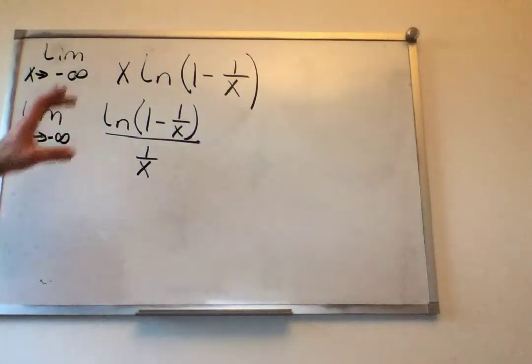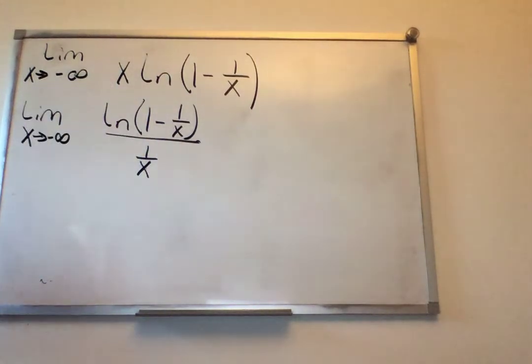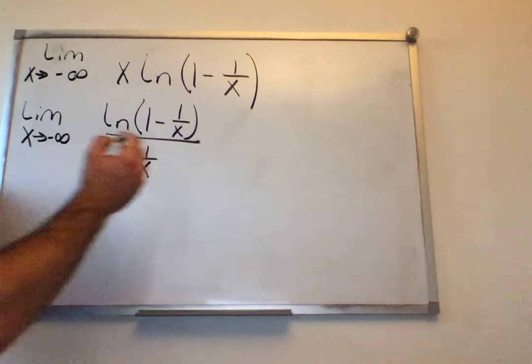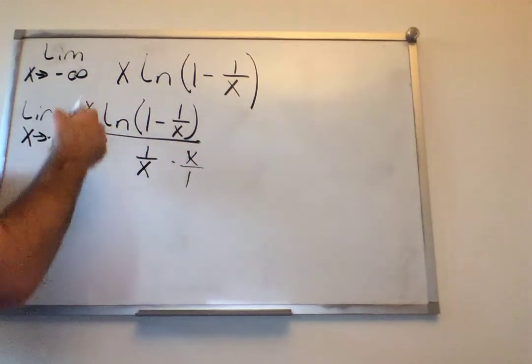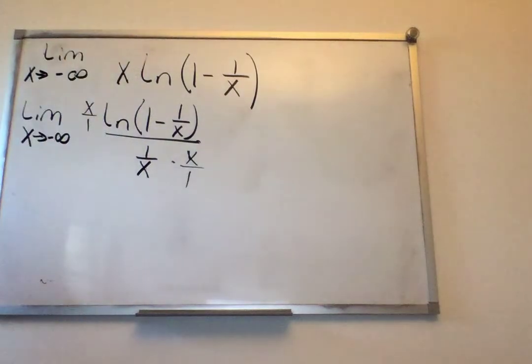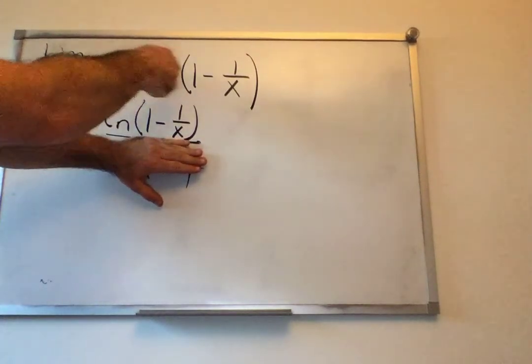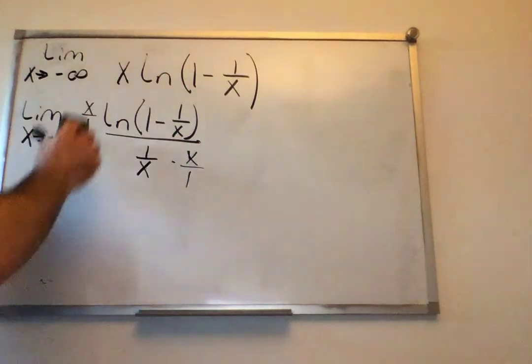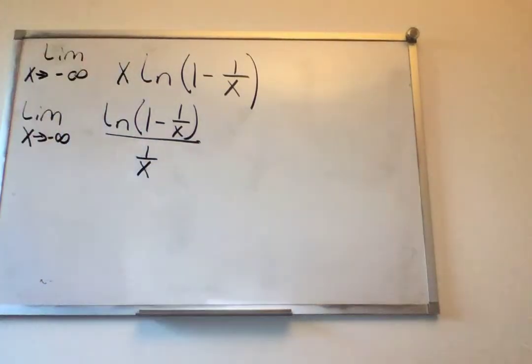If you think about how I would simplify this, I would multiply the numerator by the reciprocal of the denominator, and you can see I end up right back where I started. You end up with what you started with. So this expression here is equivalent to the expression up here.